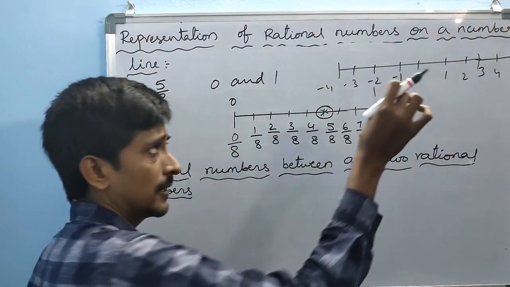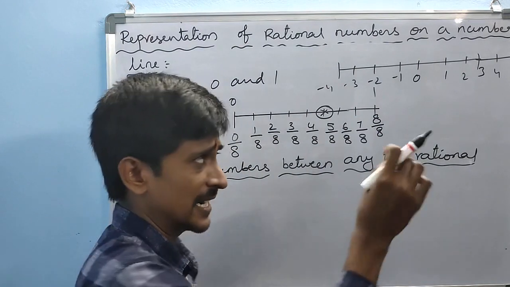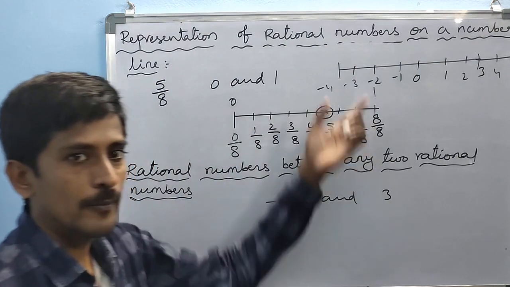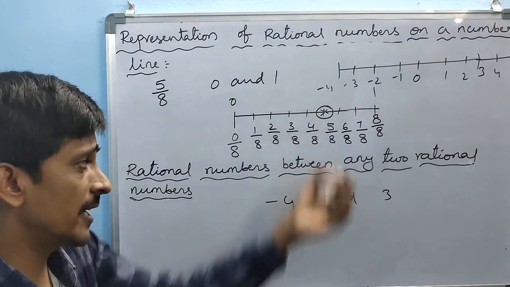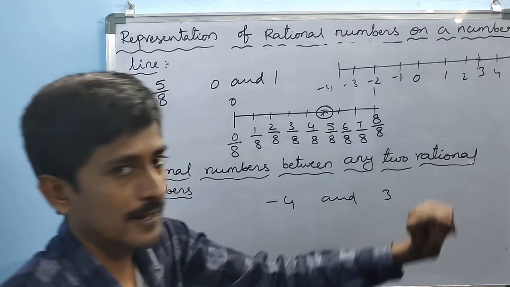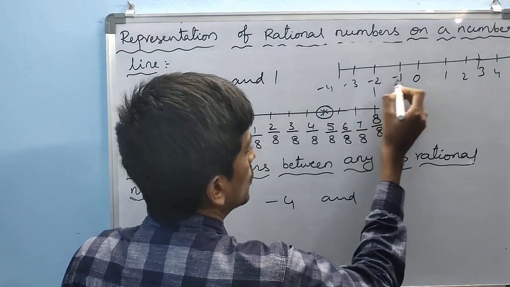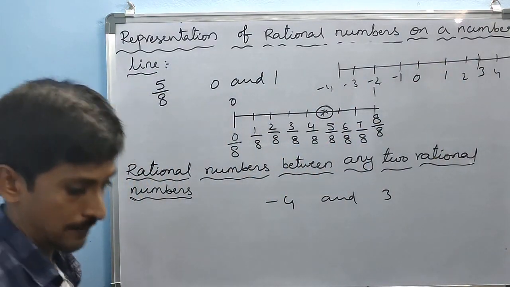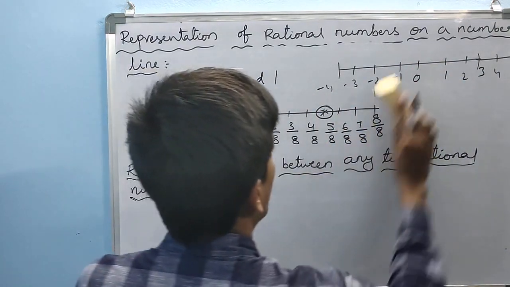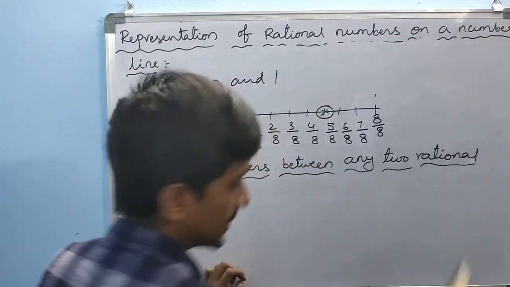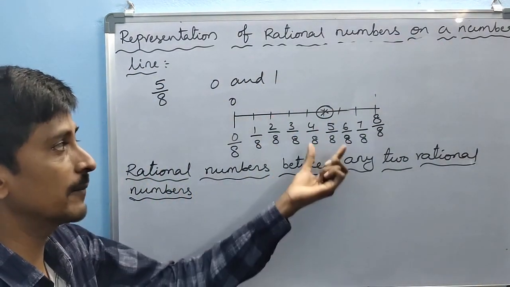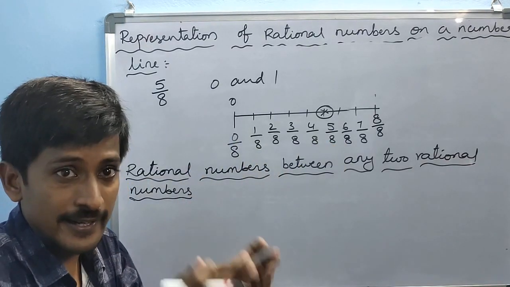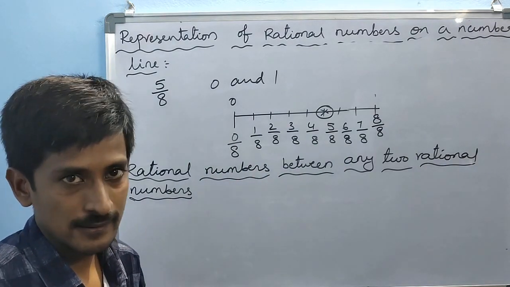How many integers are in between -4 and 3? Means 1, 2, 3, 4, 5, 6, 7, like counting. Okay. But here, rational numbers. This line can be divided into 8 equal parts, but a line can be divided into so many parts.